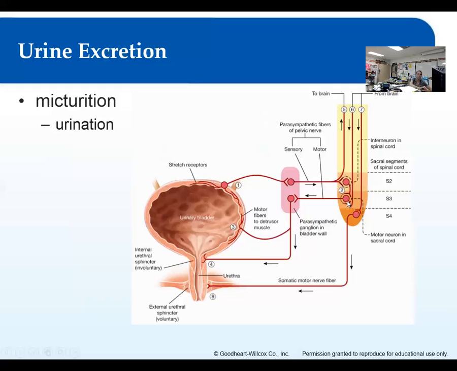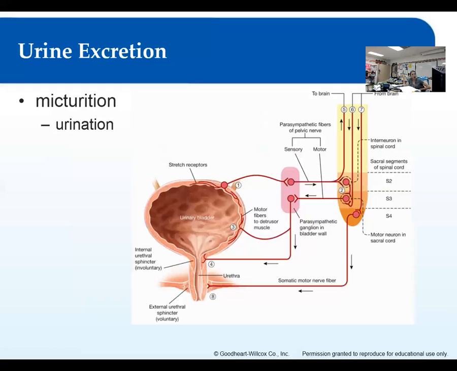Got number 6 going on here. Number 7 says the detrusor contracts and the internal urethral sphincter relaxes. At the same time, the person becomes consciously aware that the bladder is full.